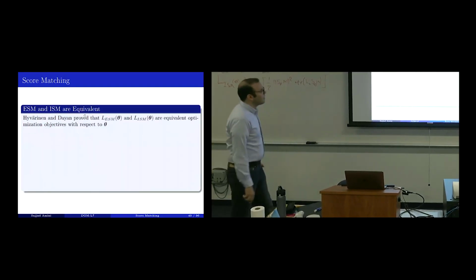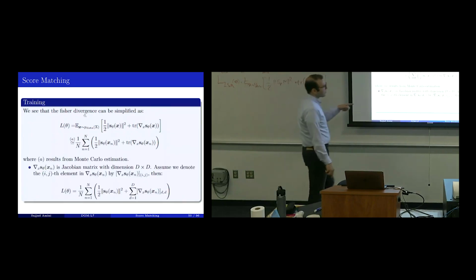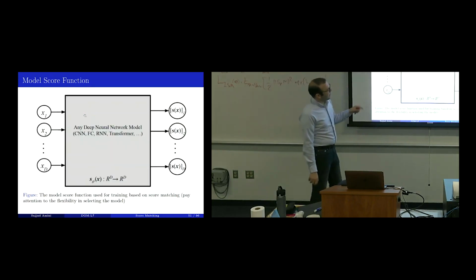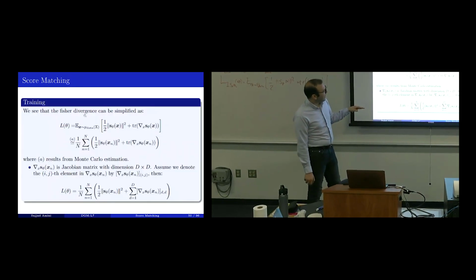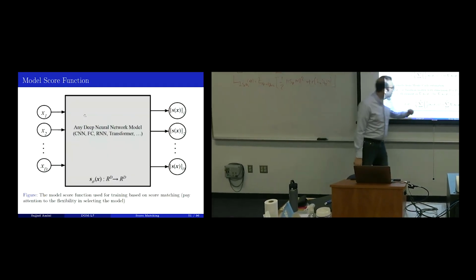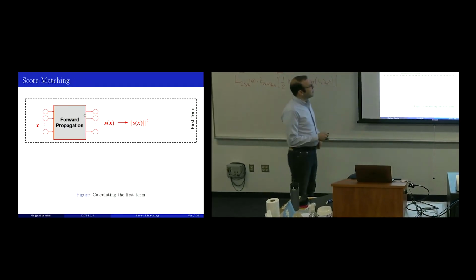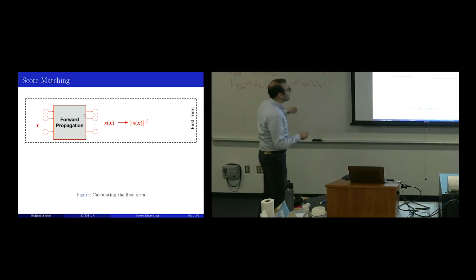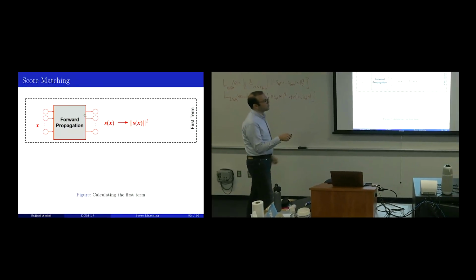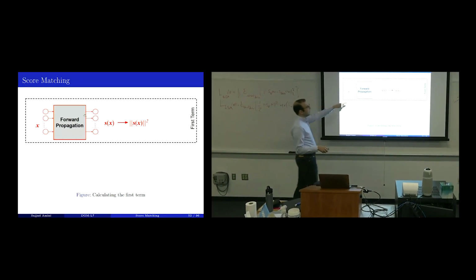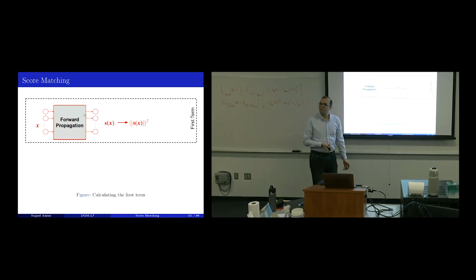Yeah. Okay, so we can continue. Pay attention to the fact that now I need to calculate these two terms. How do I calculate them? For the first term, I have a forward propagation of the network. I input x here, at the output I have s of x, and I can calculate the norm of s of x.